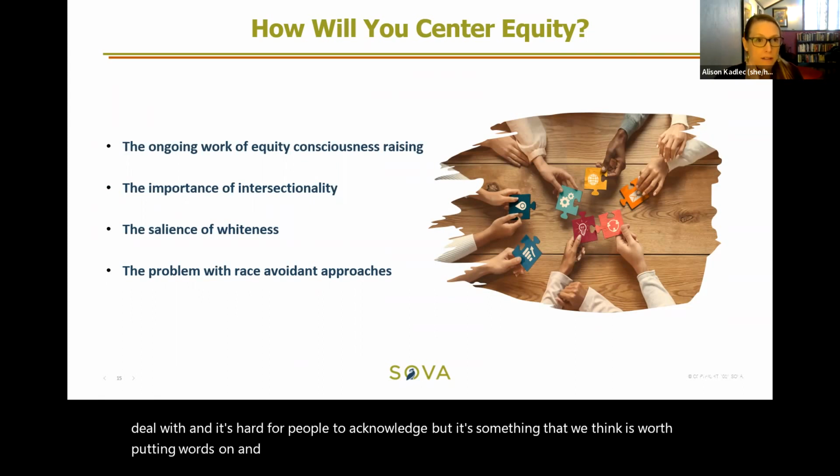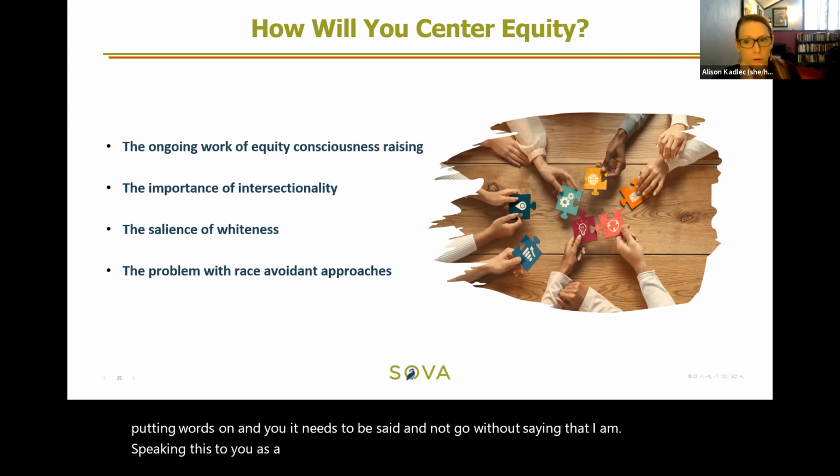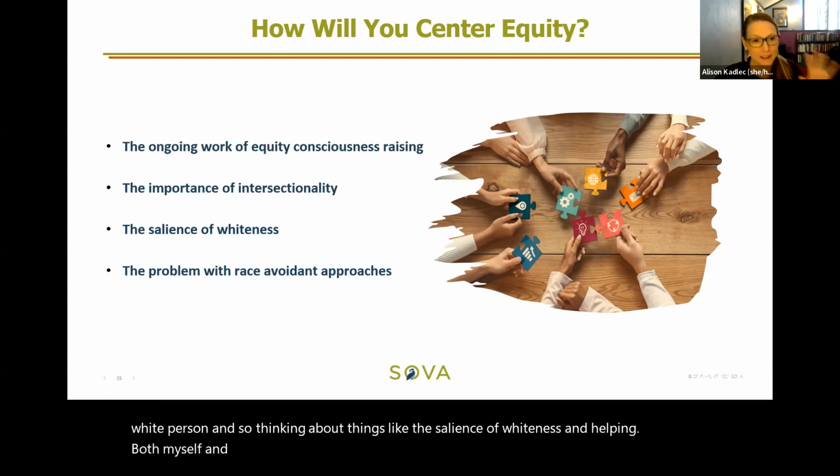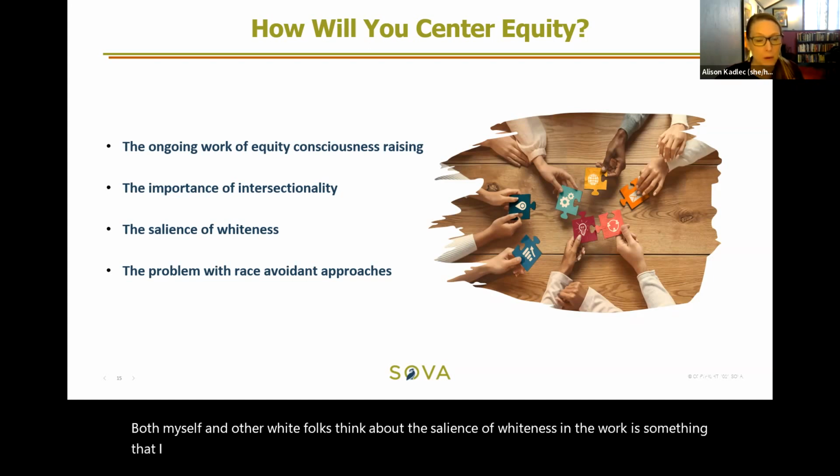And it needs to be said and not go without saying that I am speaking this to you as a white person who is navigating the world as a white person. And so thinking about things like the salience of whiteness, and helping both myself and other white folks think about the salience of whiteness in the work, is something that I feel needs to be a priority for me.